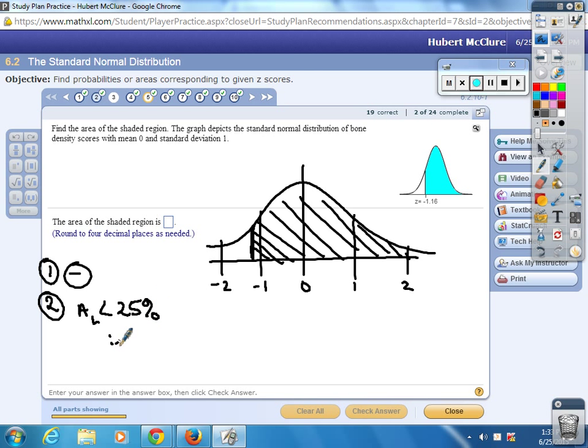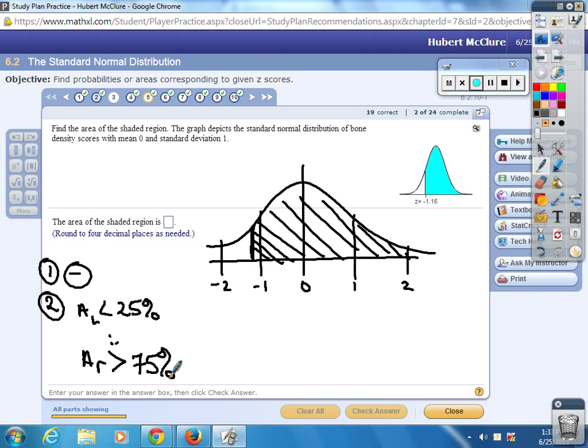Therefore, the area to the right is going to be what? Greater than 75%. Common sense. If this is 25%, close to it, then this is 25% and this is 75%. We know that this is passing this -1 here, so this is less than 25%, so this is going to be more than 75%.